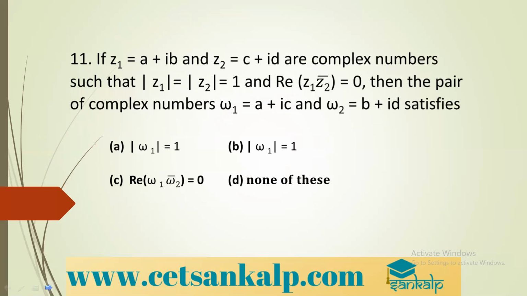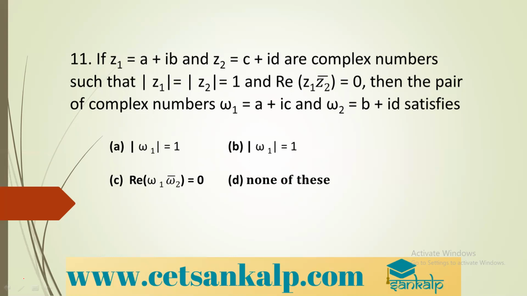Next question is, if z1 equal to a plus ib and z2 equal to c plus id, these two are complex numbers, then mod of z1 equal to mod of z2 equal to 1, and real part of z1 z2 bar is 0.